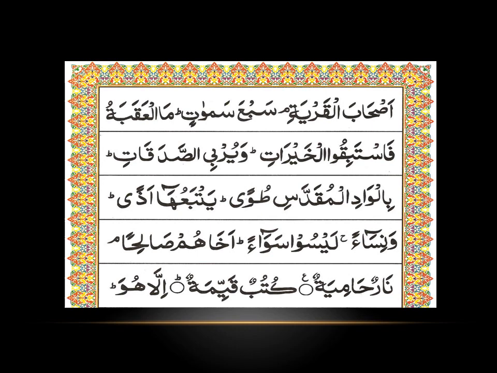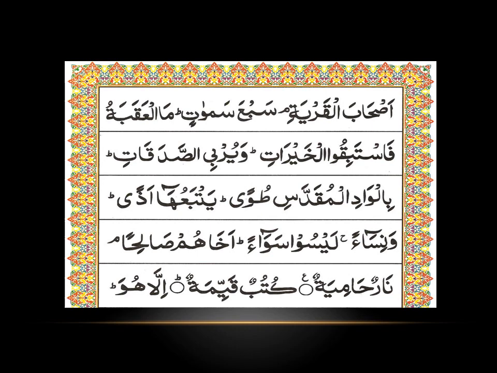Let me explain something, my friends. If you are confused with the ta on Ashabul Ashab al-Qaryati and Mal aqabatu and the ta on the other three sentences, Sab'a samawatin, fastabiqul khayrati, wa yurbi sadaqati, you can clearly see two sentences have ta marbuta and three sentences have ta maftuha. So if it's ta maftuha, it does not turn into ha. That's the rule for ta maftuha.